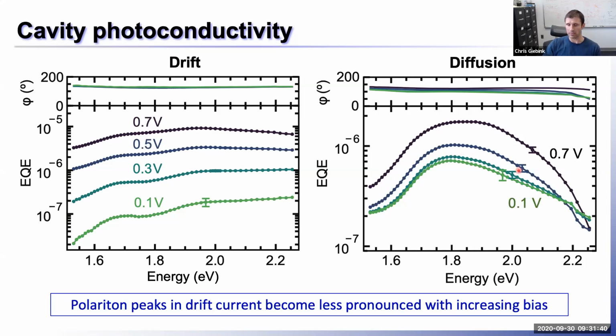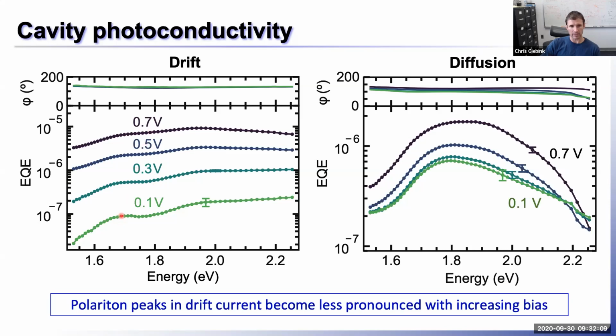In principle, it should be completely independent of bias. And to a large extent it is. This 0.7 volt spectrum starts to inherit some error from some drift that overlaps with it. But nonetheless, it helps rationalize these spectra and make things a little bit more intelligible. But one thing that I'll point out is that the Polariton peaks in the drift current here become less pronounced at high bias.